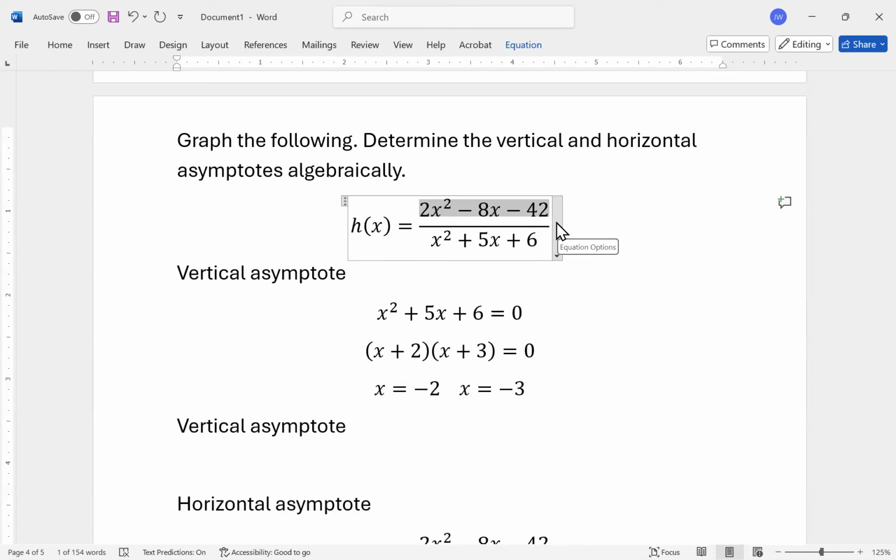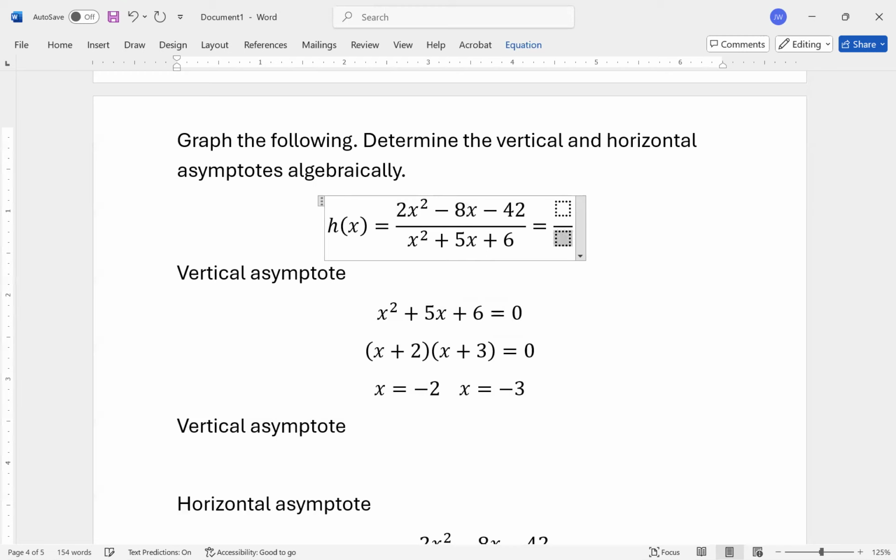Now let's plug negative 3 into that numerator. 2 times negative 3 squared minus 8 times negative 3 minus 42. That actually gives me a 0. So when I plug in x equals negative 3, I get a 0. And what that really means is that both the numerator and the denominator have a factor of x plus 3 in them.